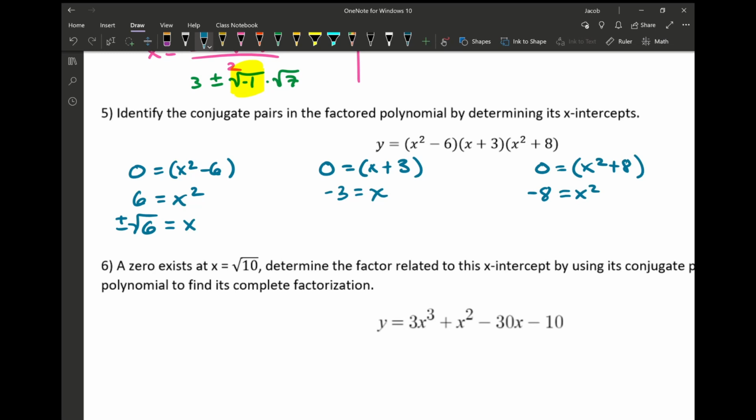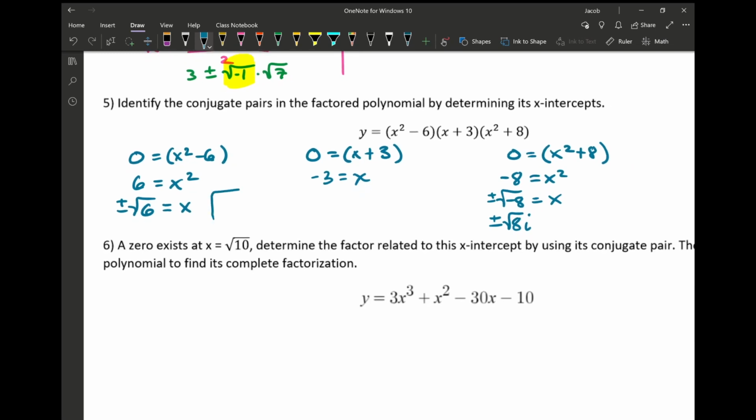But when I take the square root of this one, plus or minus radical negative 8, I'll get an imaginary component to my complex number. So that's all fine, but what if I were going to fully factor this out and show the conjugate pairs of an even more detailed factored form of this polynomial?